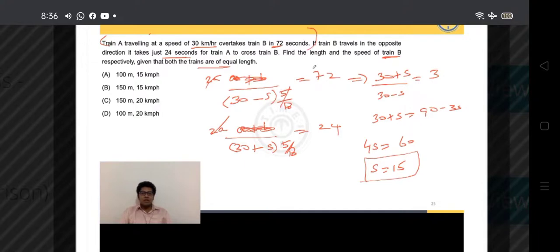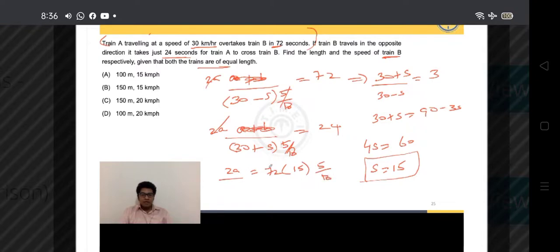What is the question? Find the speed of the train B. Find the length and speed. I know S is 15. I have to find the length. We have the first equation, which is 2A divided by 30 minus S, so 2A should be equal to 72 into 30 minus S into 5 by 18. So 30 minus S is what? 30 minus 15, which is 15, into 5 by 18.